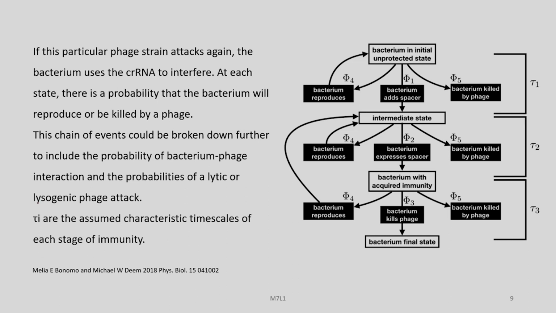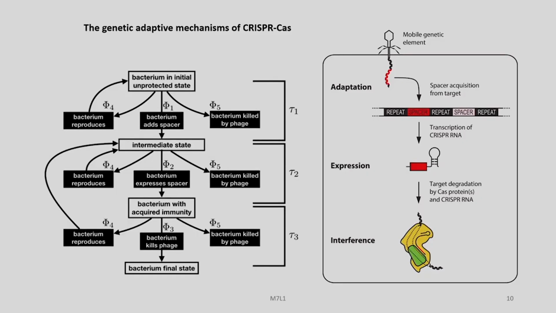Tau I are the assumed characteristic time scales of each stage of immunity. So, we have here tau 1, tau 2 and tau 3, and you can remember this, which we are going to use in the future discussions. So, the genetic adaptive mechanisms of CRISPR-Cas follows the Markov chain, what we have discussed, and we also discussed about these tau 1, tau 2 and tau 3.